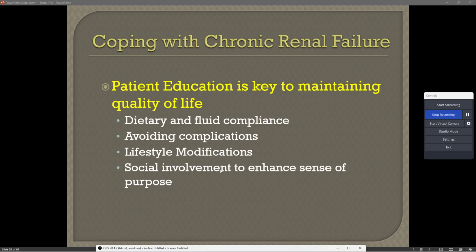But what we don't stop to consider sometimes is that the patient has psychological factors influencing their behavior, decision making, and compliance with medication management. We can educate them on dietary and fluid compliance: avoid salt, decrease fluids, avoid complications, stay clear of sick people. Lifestyle modifications: start exercising, eat better, sleep more. Social improvement: family involvement and a support system.